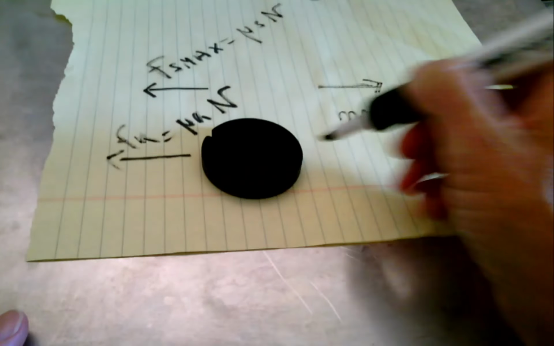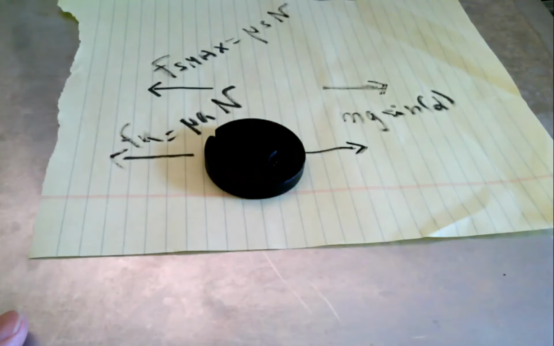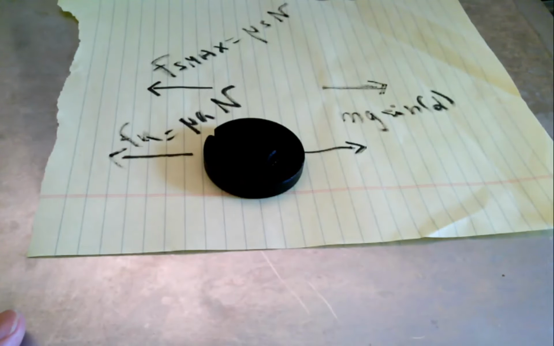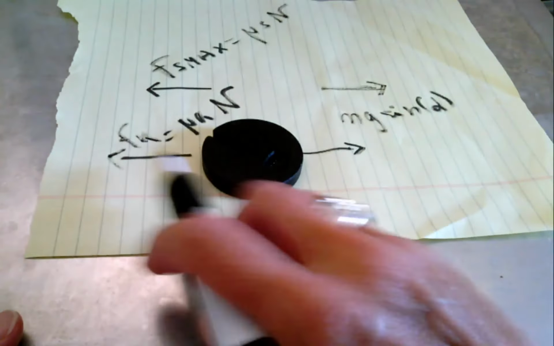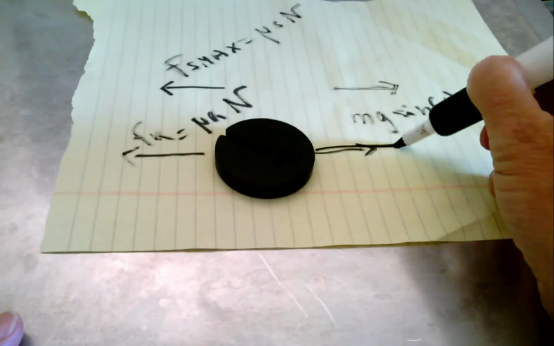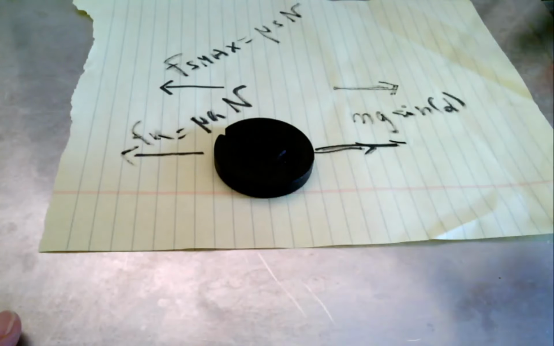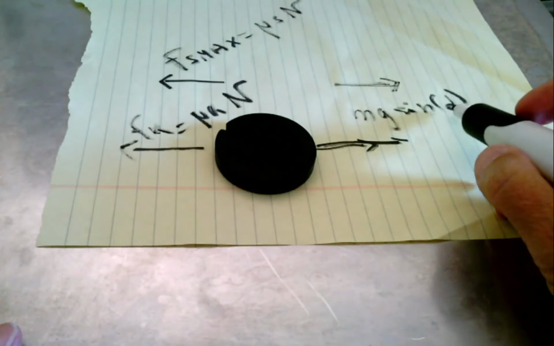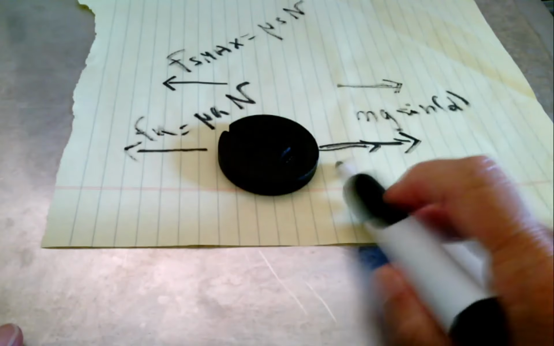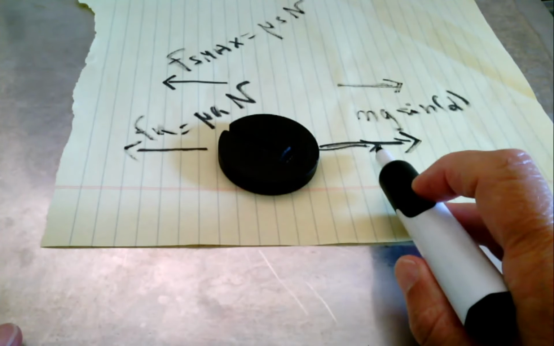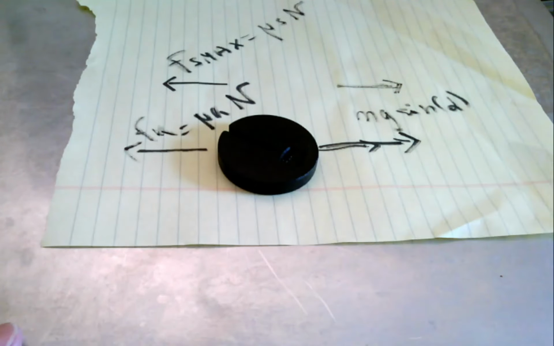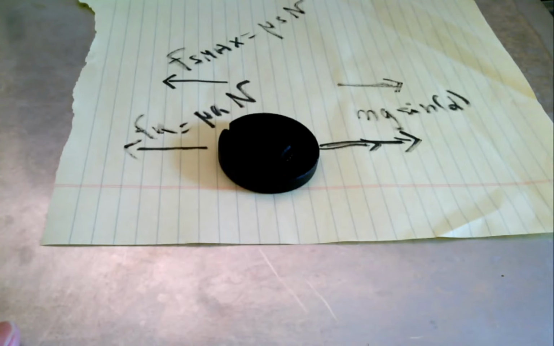So either it equals mg sine, in which case it's going to slide at a constant speed, or it could be smaller. So if I had more angle here, or more weight, you see that this force here can increase. This one stays the same. This one is larger, so it's going to speed up.